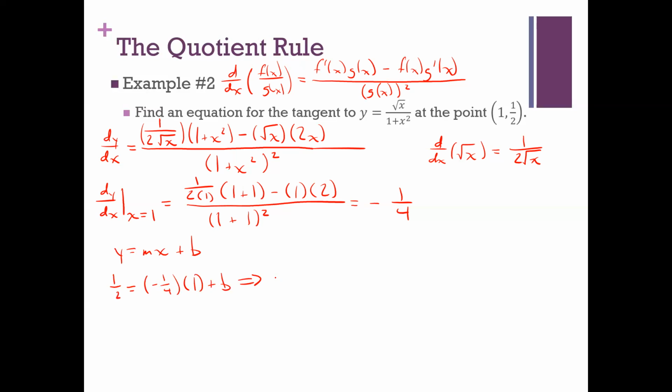I believe that is going to give me b equals 3/4. So any questions on how we applied the quotient rule, how we evaluated it, how we found that equation, anything at all?